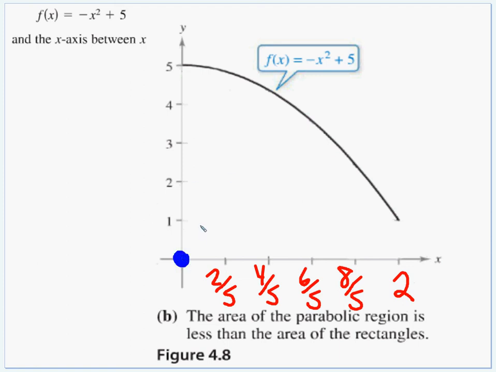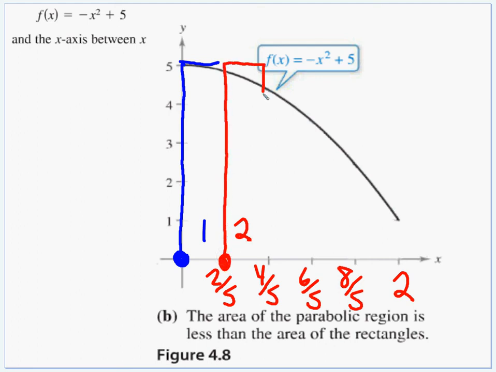So when we do our first rectangle, number 1, our left endpoint is the y-axis. We're going to go up until we hit the curve, and then we're going to break to the right and then go back down to create our rectangle. Ooh, and I should have just done it like that. Rectangle 2, left endpoint will be the 2/5, and we're going to take that up to the curve and break right.